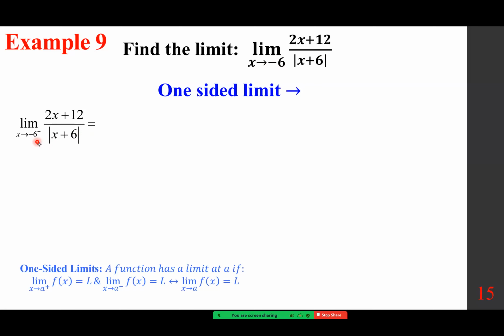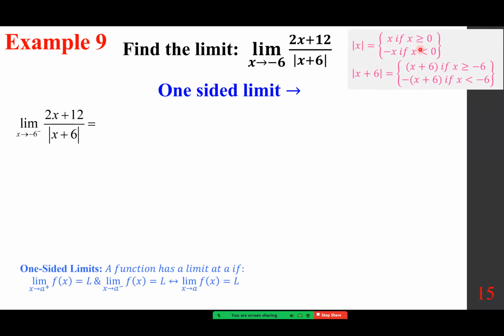And I remind you that if you're dealing with the absolute value of x, it's x if x is greater than or equal to 0, and -x if it's less than 0. If I replace this with x plus 6, then I replace this one with x plus 6, okay?